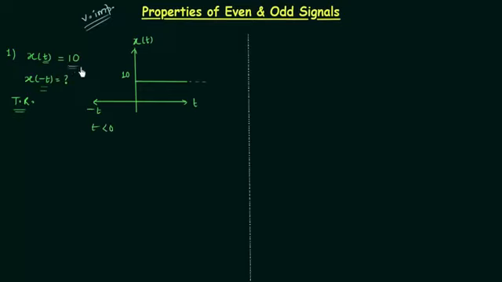You can see xt is equal to 10 for all the values of time t. So we will have the waveform like this when time t is negative. This waveform is for x minus t, and this waveform is for xt.